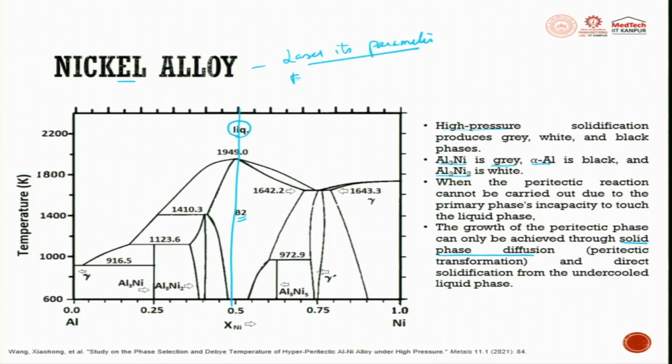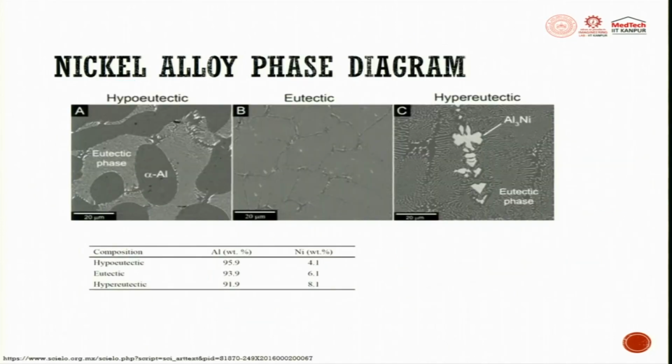In the same way, electron beam, its parameters. The growth of the peritectic phase can only be achieved through solid phase diffusion, and direct solidification from the undercooled liquid phase it can happen. So, nickel, you try to get all these combinations to meet out the requirements.